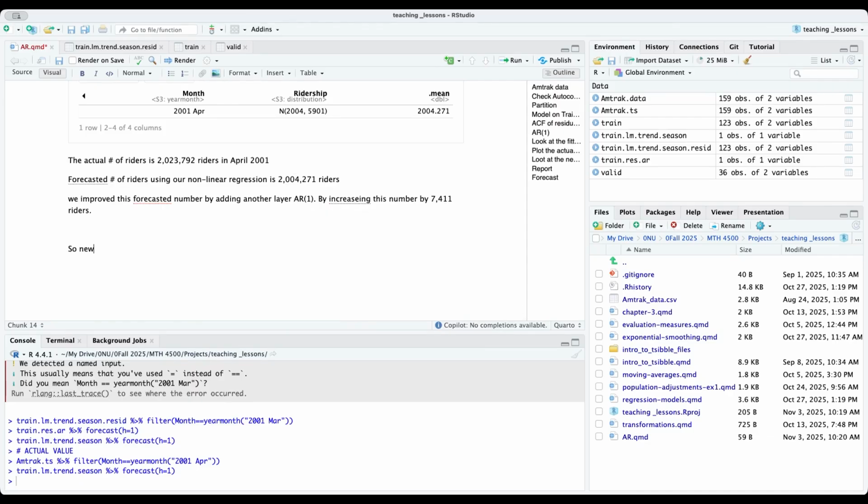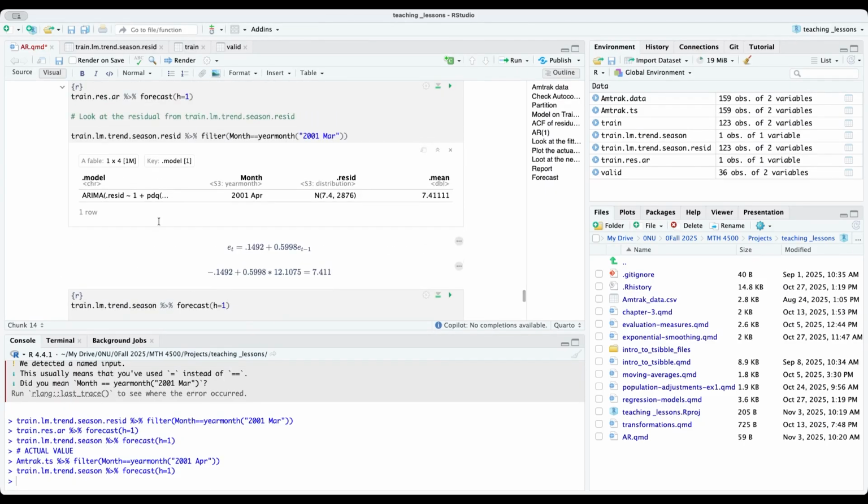So the new forecast using the two layers is the old one plus 7,411, which gives 2,011,682, I guess, riders, which is closer. This is a closer and improved forecast.